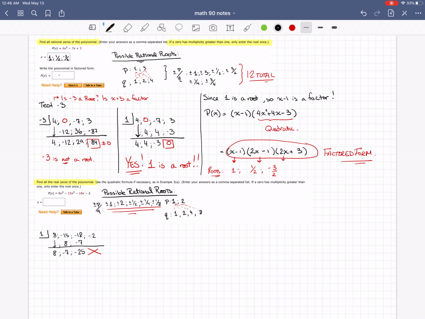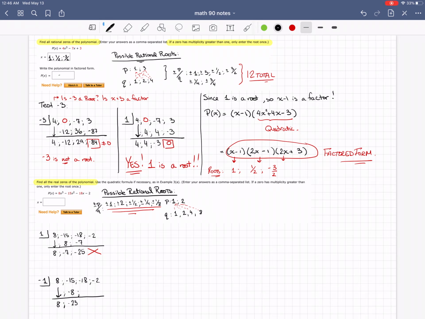Okay, let's test -1. Again, I'm not really sure that it's going to work. I don't actually think so, but I could be wrong. And 1 and -1 are both so quick that, especially when you're first starting out, it's not a bad idea to just test them. Okay, 8 times -1 is -8. -15 minus 8 is -23.